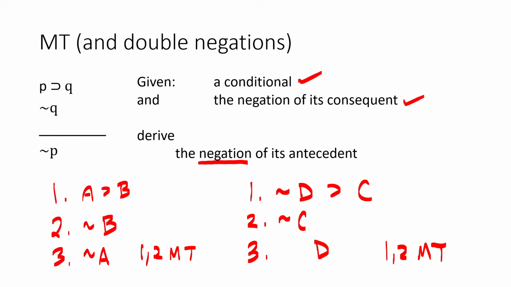However, the way that we form negations in our symbolic language is determined by rule 2, and by rule 2, we just stick the tilde in front of the statement that we're trying to negate. So by rule, again, we are entitled to take this antecedent here and derive its negation.